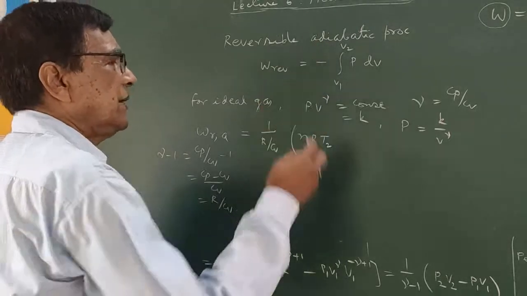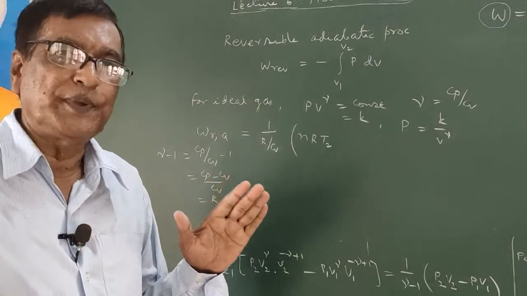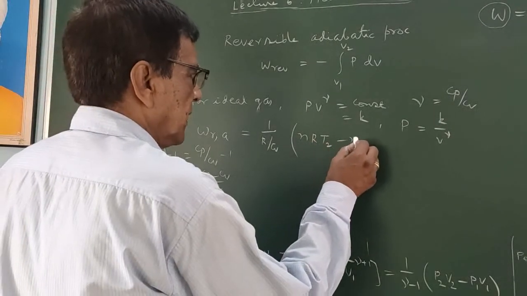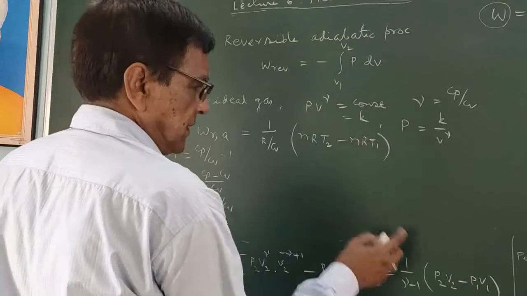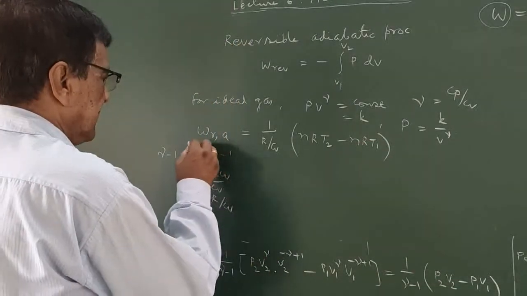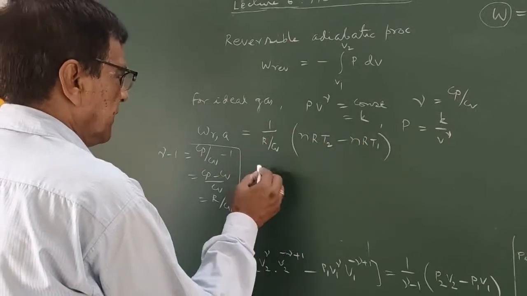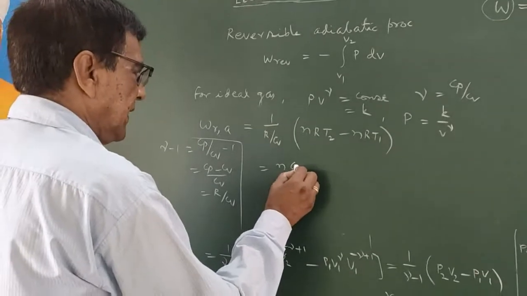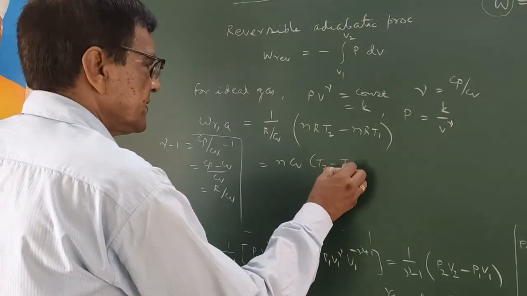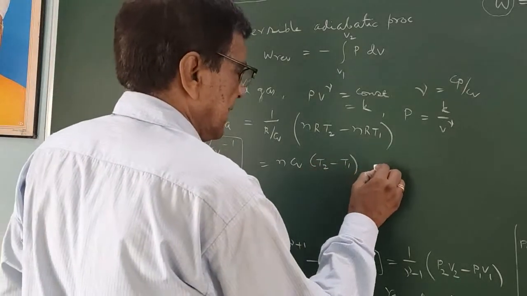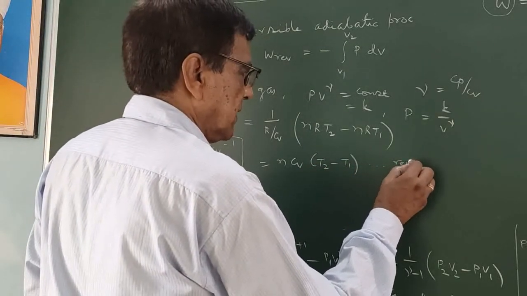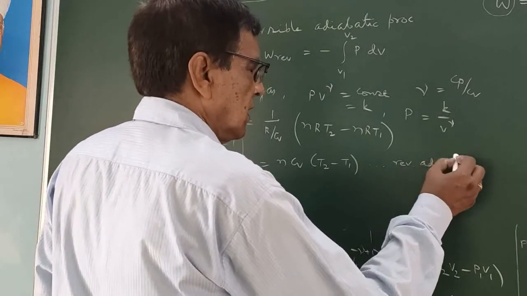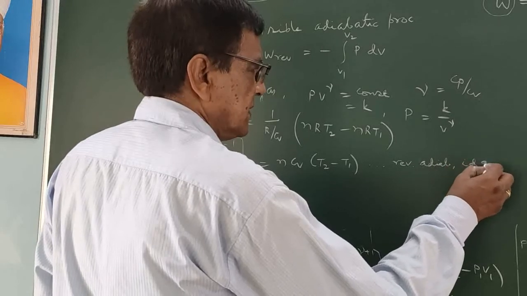In the case of an adiabatic process there will be a temperature change, so nRT2 minus nRT1 for P1 V1. If we take nR common and simplify, this will be nCv times T2 minus T1, and this is again the work done in the reversible adiabatic process for an ideal gas.